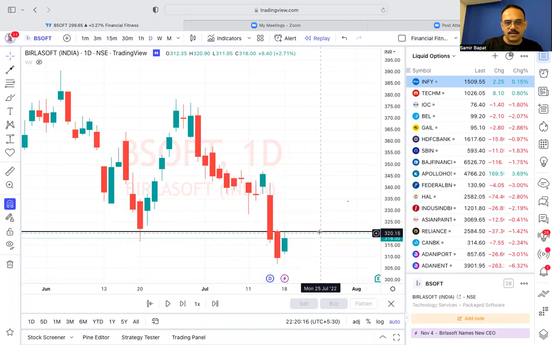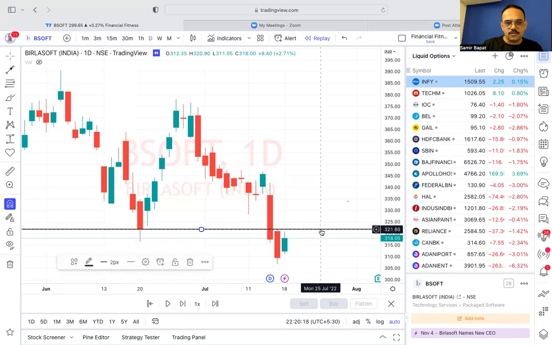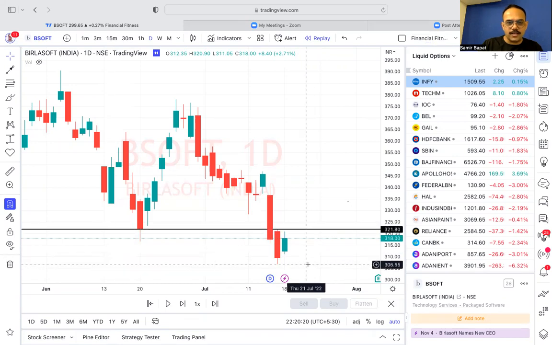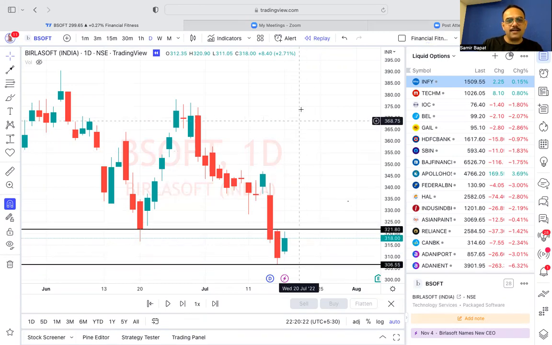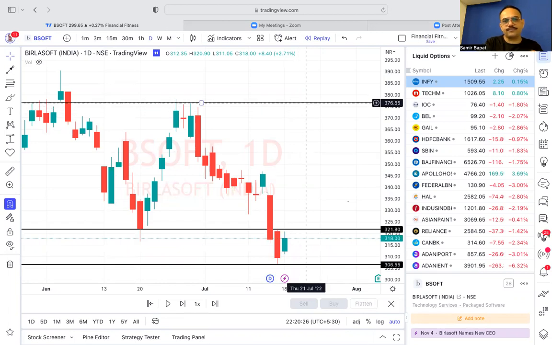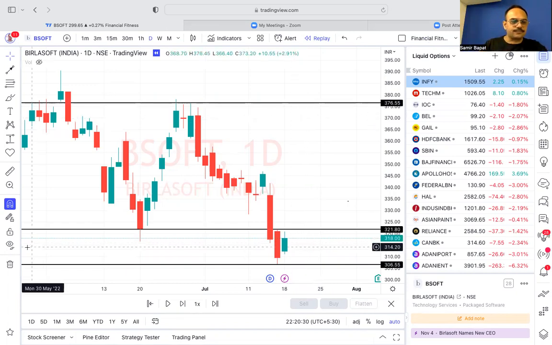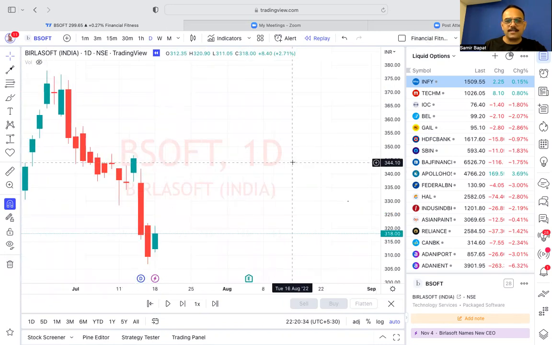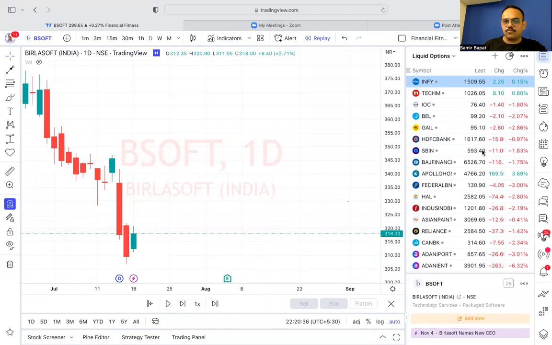This is our stop loss, and the target is the previous high. This is how you have to take the trade. Let me show you some more Harami patterns, and then I'll ask you to search for it.